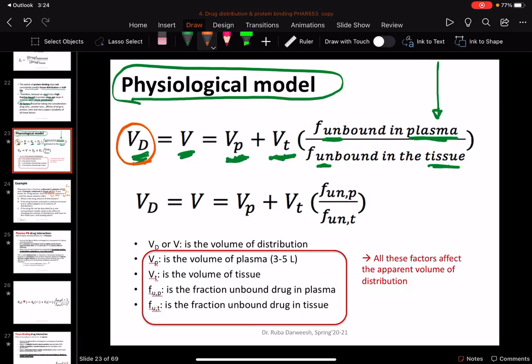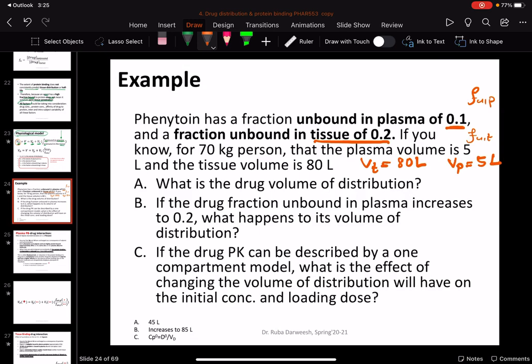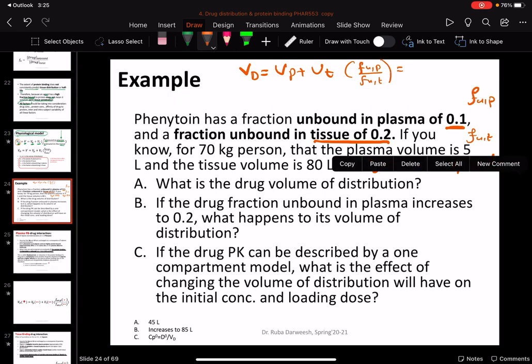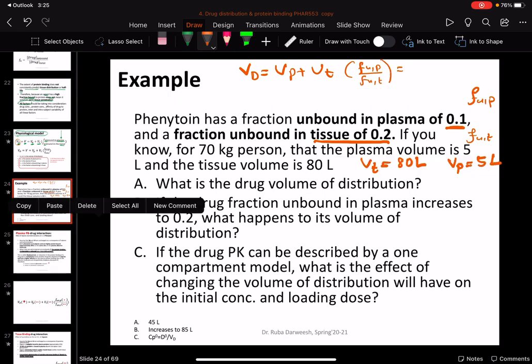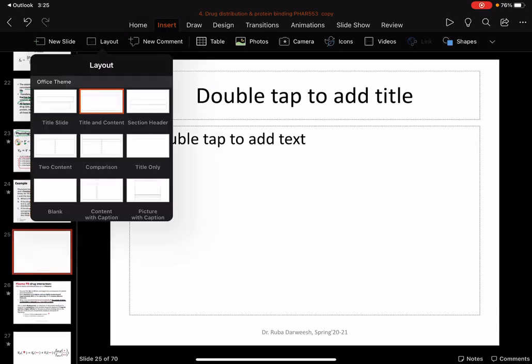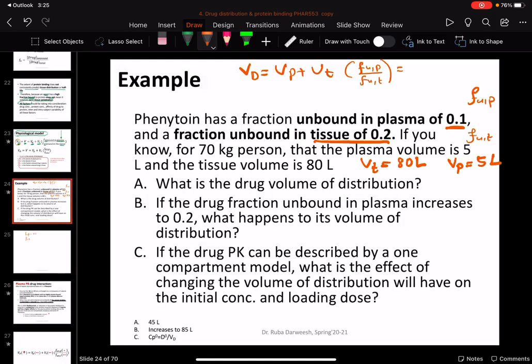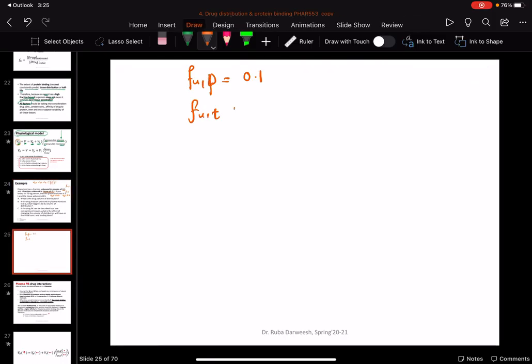And again, you can just use direct substitution. We have volume of distribution equal to volume in the plasma plus volume in the tissue multiplied by unbound in the plasma over unbound in the tissue, which will be equal to... So we have fraction unbound in the plasma equal to 0.1, fraction unbound in tissue equal to 0.2.